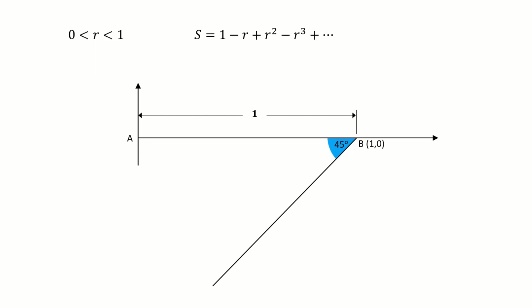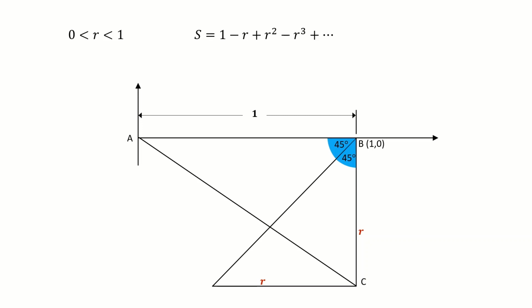Then from point B, we go down as much as R and we connect it to point A. We go from point C horizontally. The length of this line is again equal to R because it's in front of a 45-degree angle.